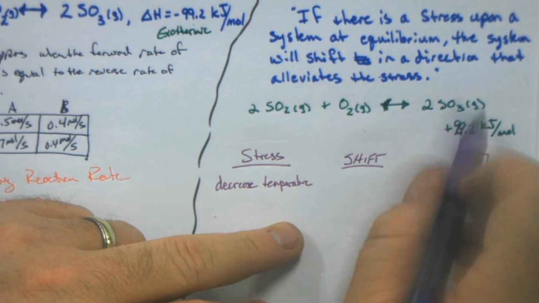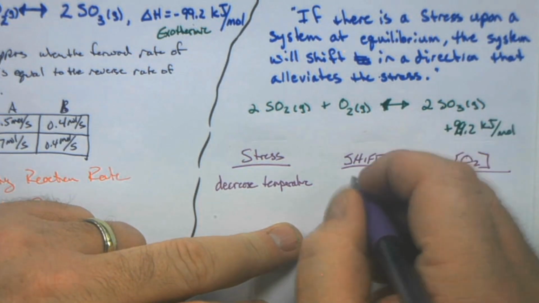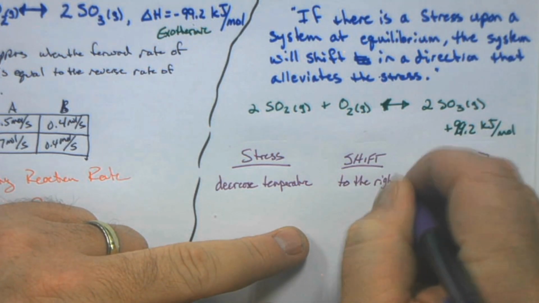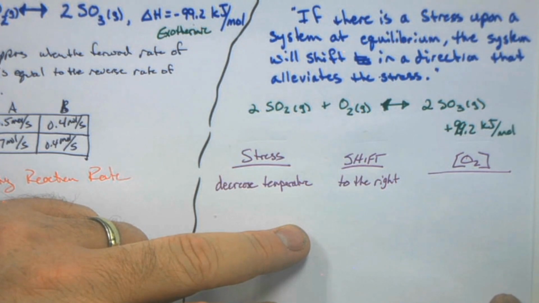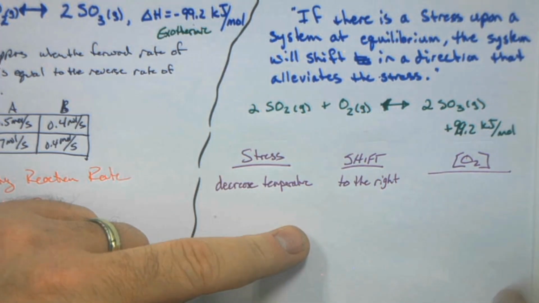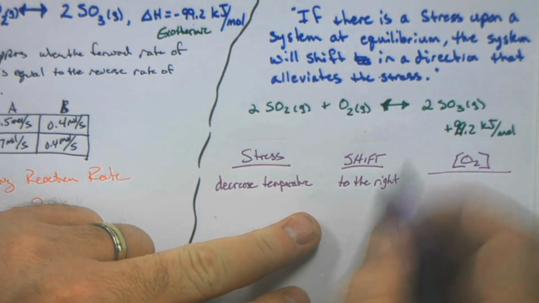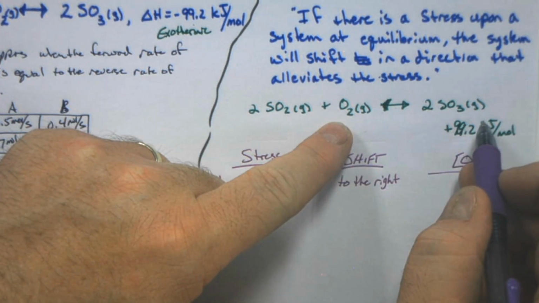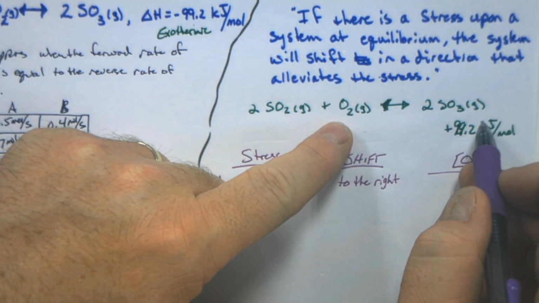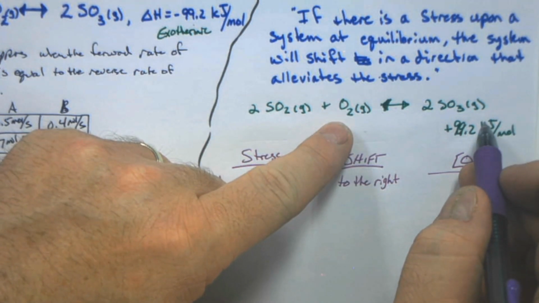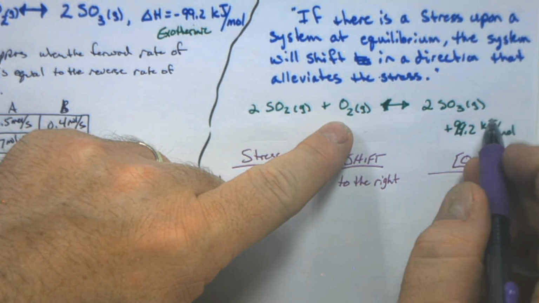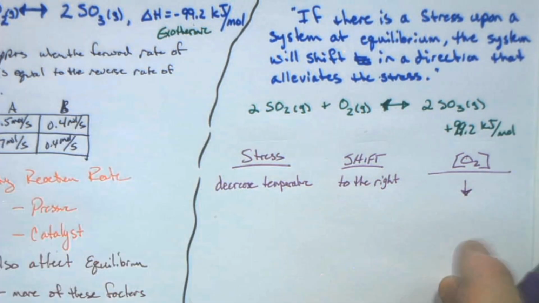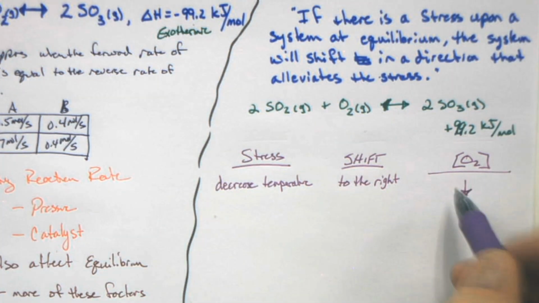So we'll start making more of this stuff over here, which means we will have a shift to the right of our reaction towards the products. If the reaction shifts to the right, what happens to our oxygen concentration? It will decrease. Okay, so in this case, our oxygen will decrease.